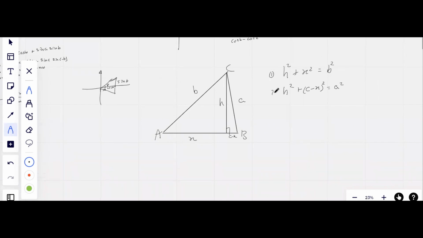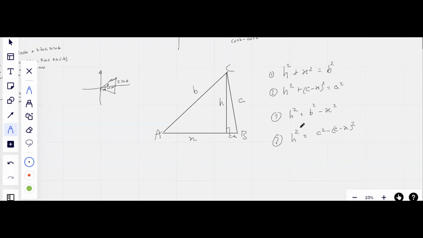Now let us isolate h squared from both equations. We call them 1 and 2. In the first equation, h squared will be equal to b squared minus x squared. For the second equation, h squared will be equal to a squared minus c minus x squared.